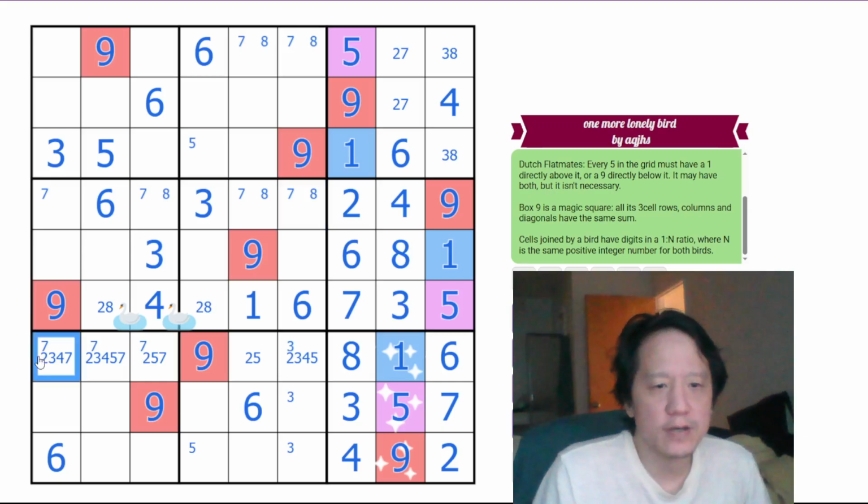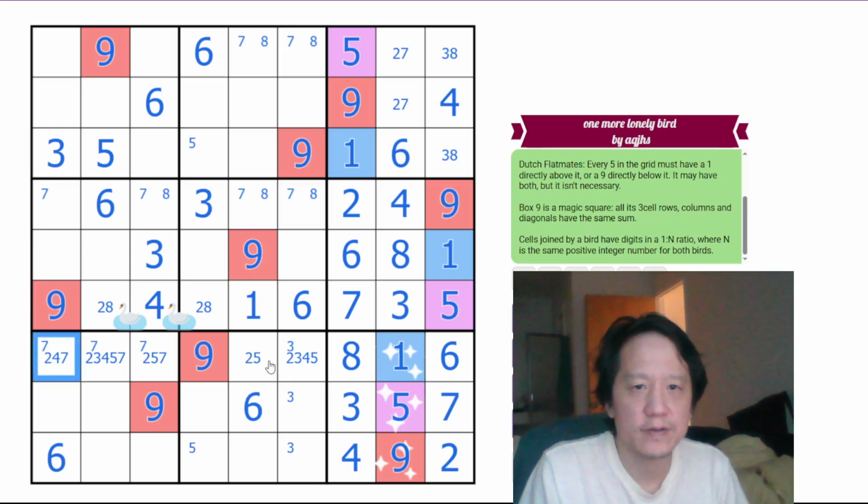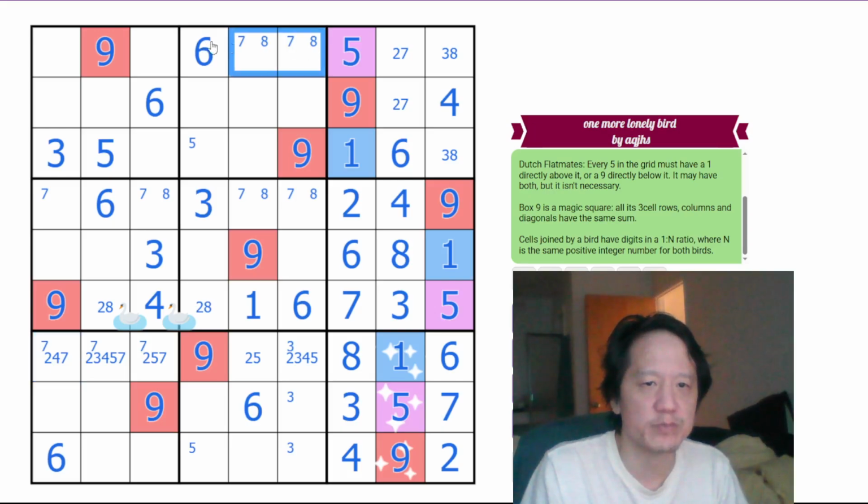Okay. This can't be 3. If it tried to be 3 there, yeah. So it cannot be 2 either. If this is 2, that would force a 7 to be in the same position in box 2, which is not allowed. So this can't be 2, this is 4 or 7.